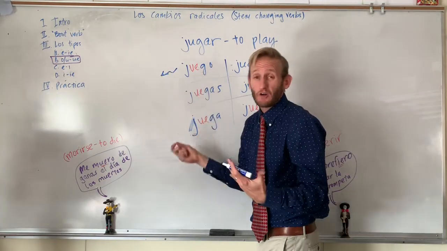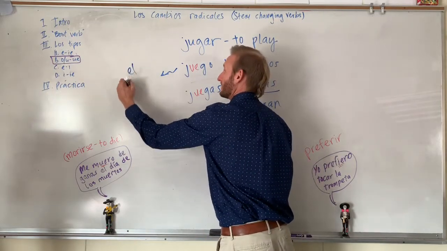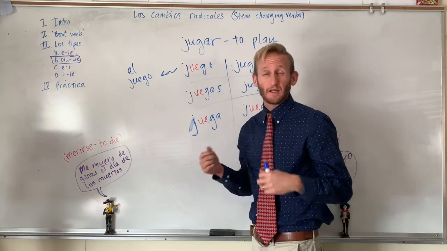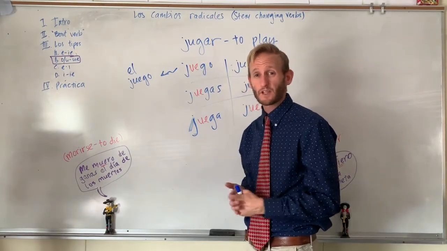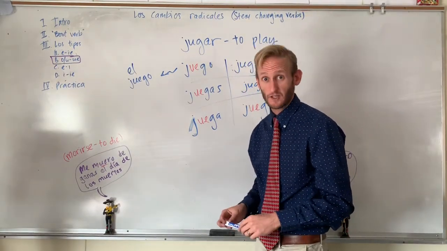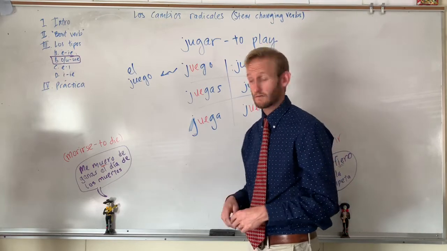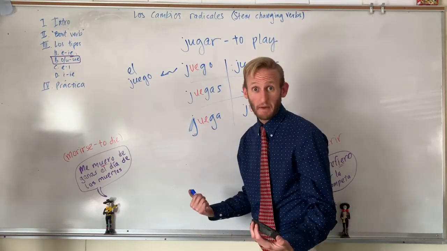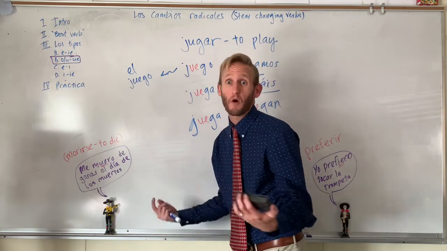The yo form can also be a noun, as in el juego, like the game, right? It could be a card game or a board game, or even an athletic match, like el juego de fútbol, right? A game. Or el juego de naipes, the card game, like el juego de póker.